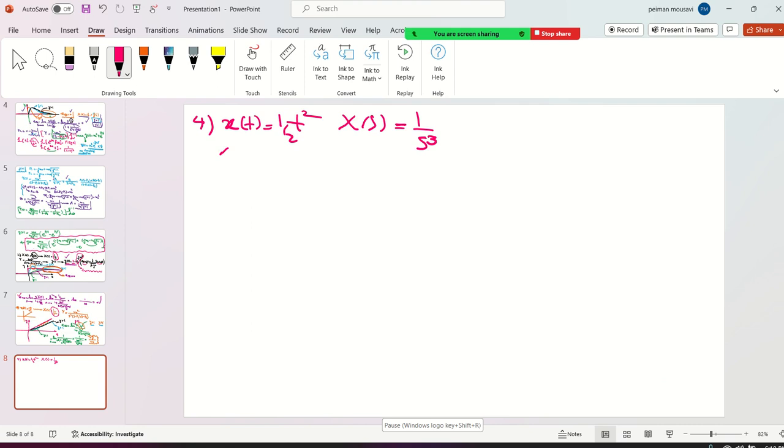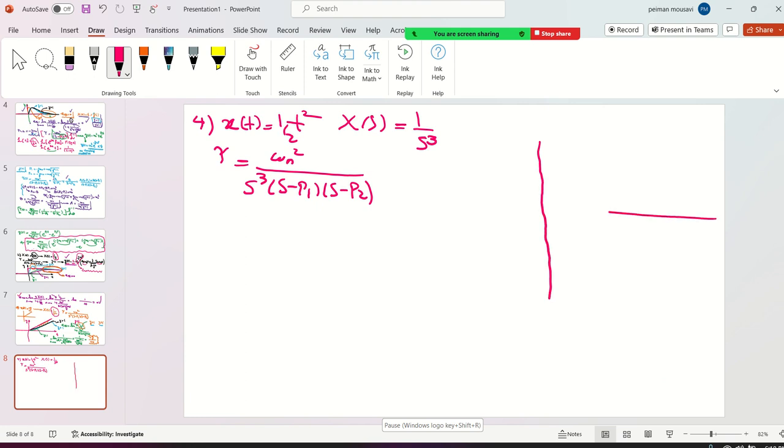So you see it's going to be omega n squared again, here now s cubed, s minus p1, s minus p2. I'm not deriving it, I don't want to waste your time. I'm just plotting. This is your input, parabolic, from high school.